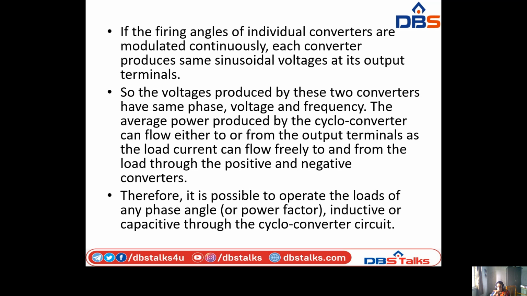The average power produced by the cycloconverter can flow either to or from the output terminal, as the load current can flow freely to and from the load through the positive and negative converter. Therefore, it is possible to operate the load of any phase angle, inductive or capacitive, through the cycloconverter circuit.